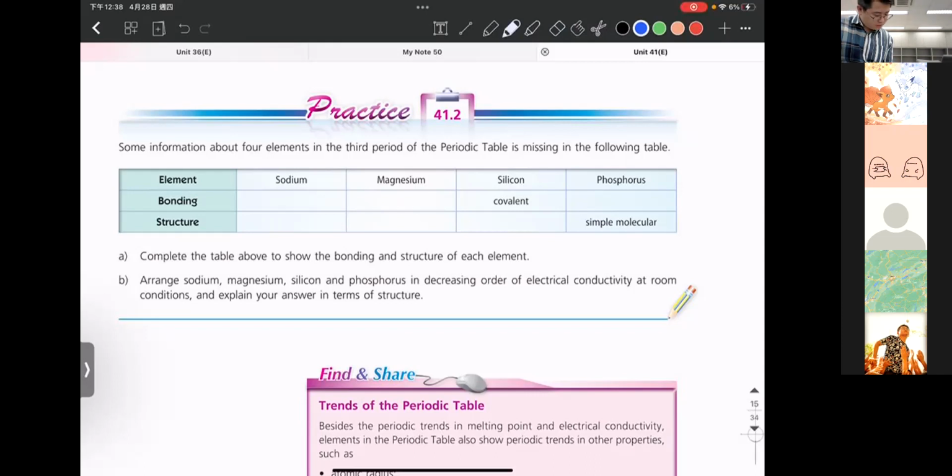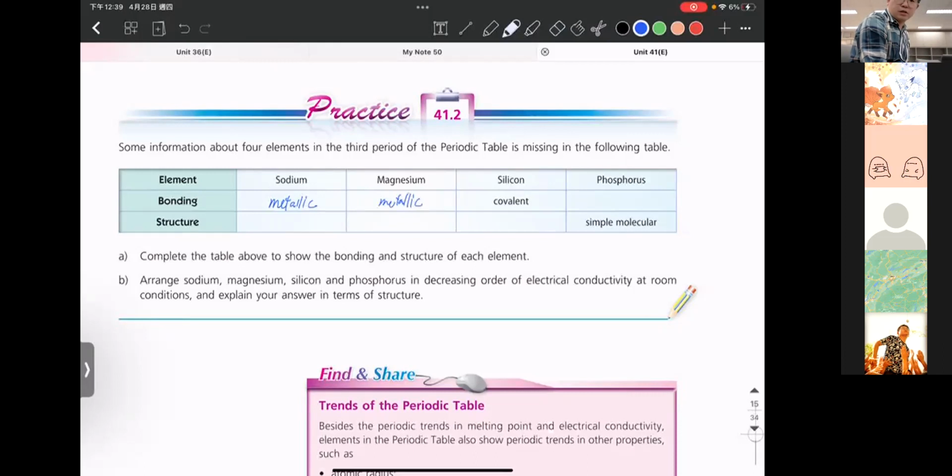Tell me your understanding about that. Yes, sodium, metallic bond. What else? The salt as magnesium.